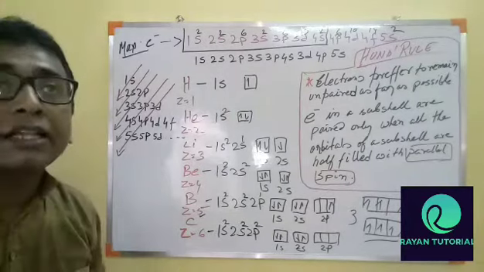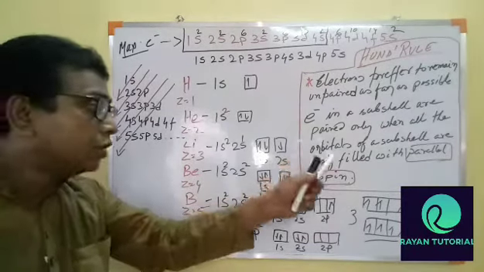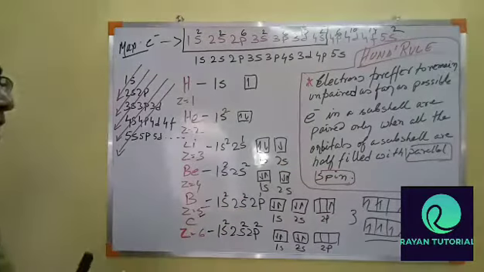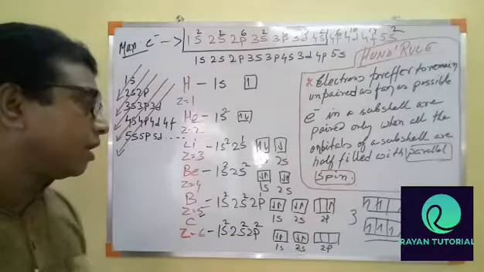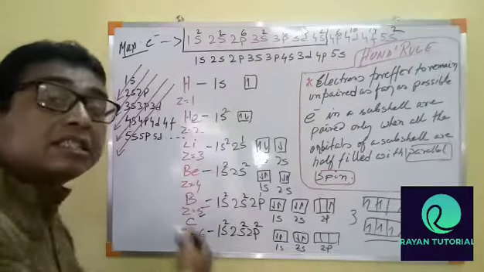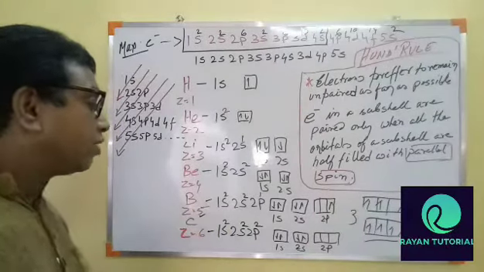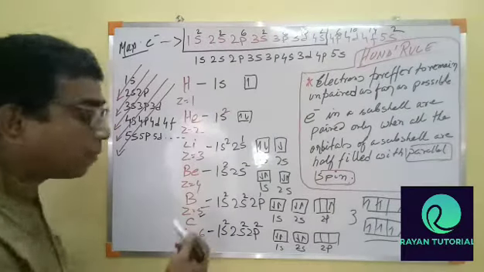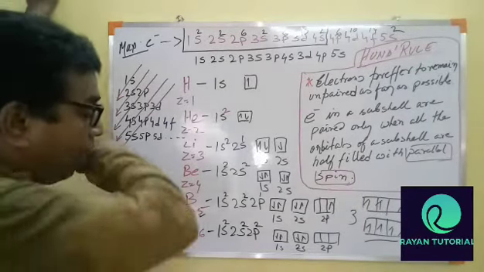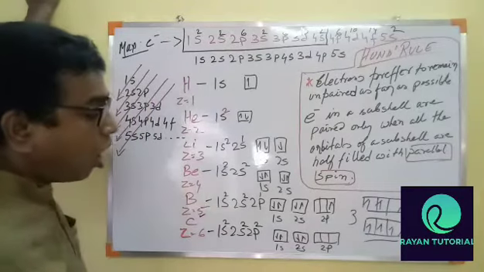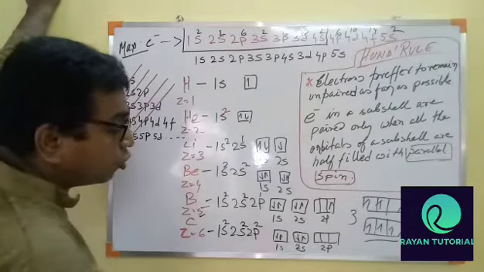Clear? Understood? So the Aufbau principle, Hund's rule. Again let me explain what Hund's rule is. Normally by the Aufbau principle we were filling up the orbitals and their subshells. Now suddenly we came across carbon. In carbon we got a bit of confusion: these 2 subshells are already filled up, but where to put the remaining 2 electrons?